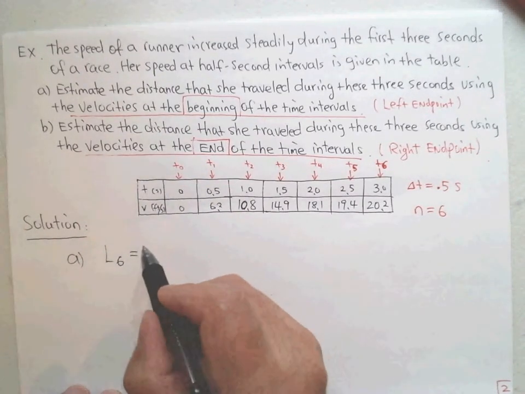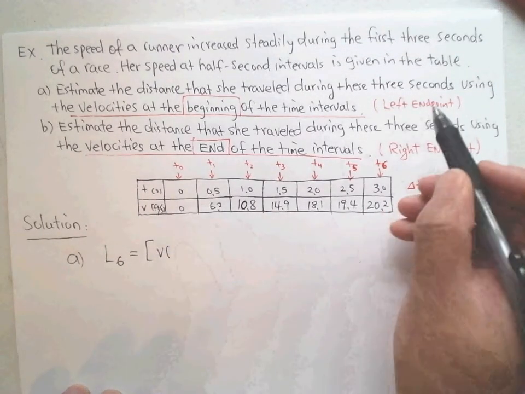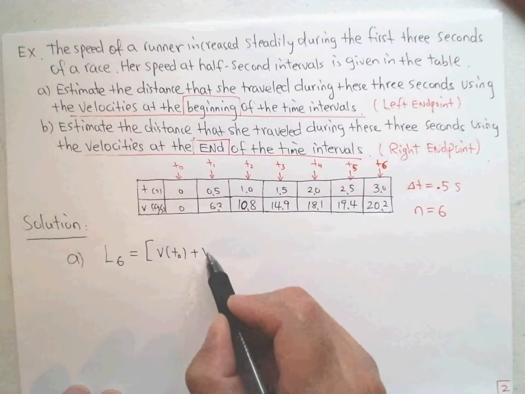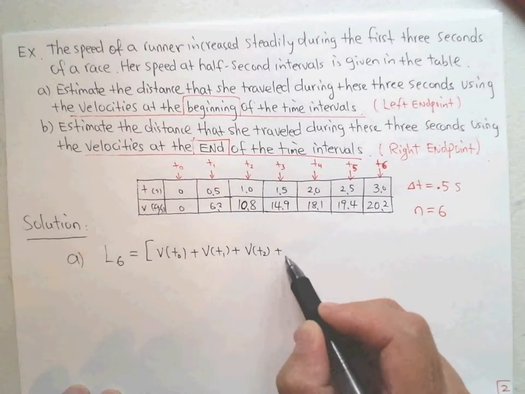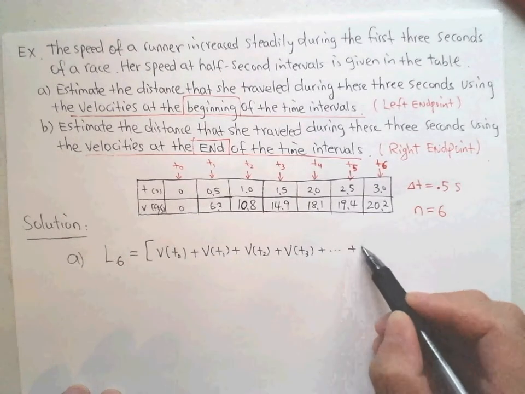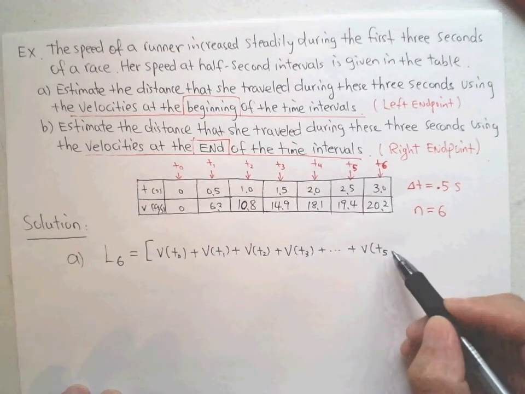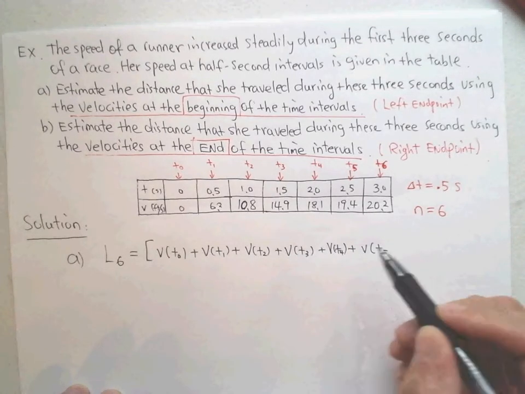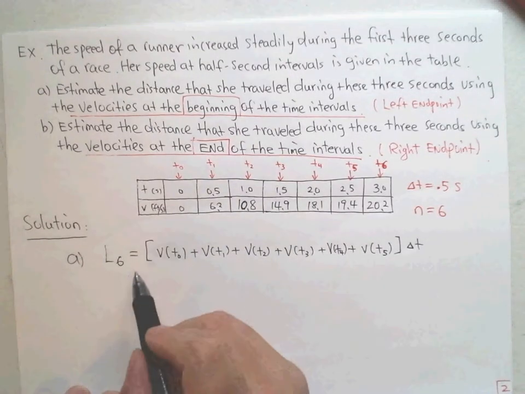Remember the formula. Now I put the formula. The velocity function is V at the left endpoint, which is T0, right? Plus V at T1 plus V at T2 plus V at T3, plus V at T4, plus V at the last one, T5, and then times delta t. That's the formula, then plug everything in.